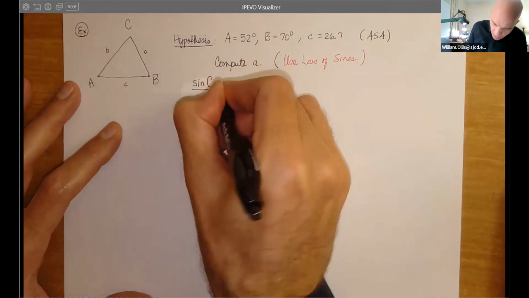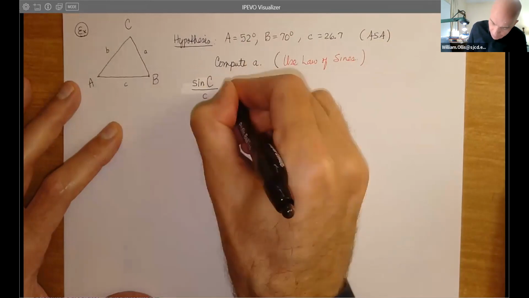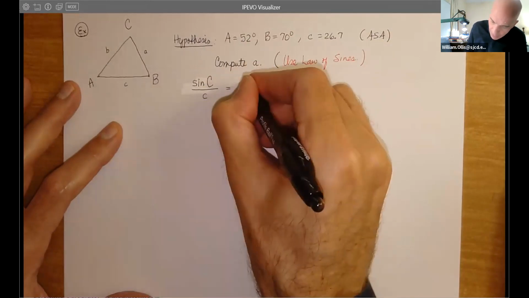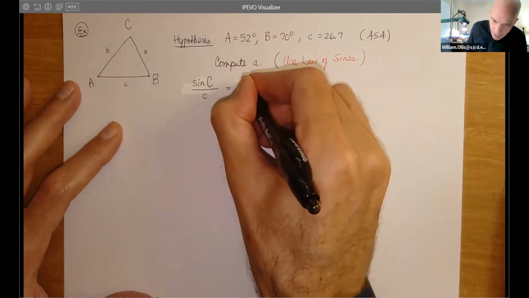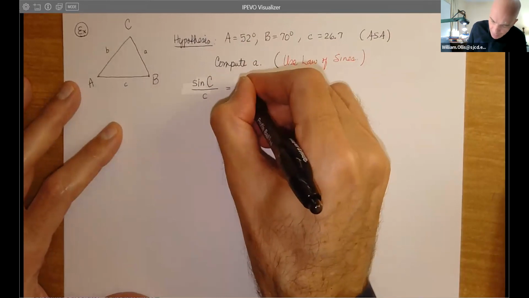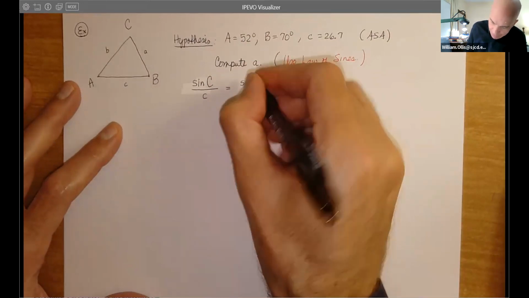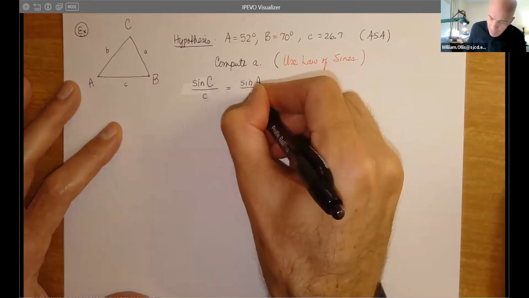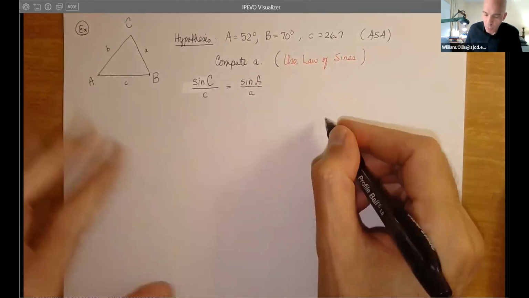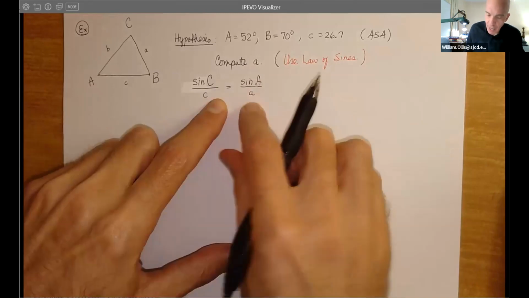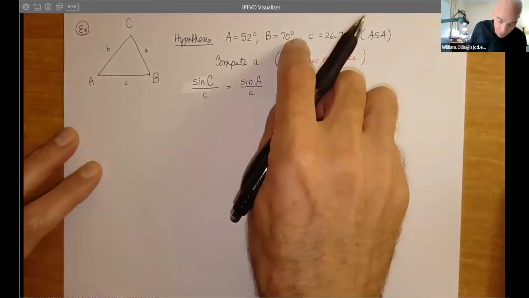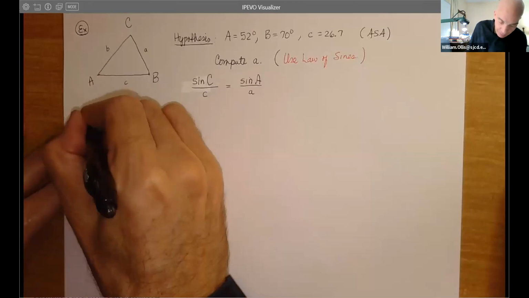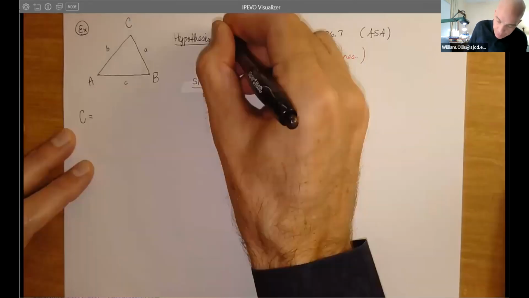Sorry, I lost my train of thought. And then we've got sine of A over a. Now, notice this is what we need because we have the c, but our first calculation will be this.